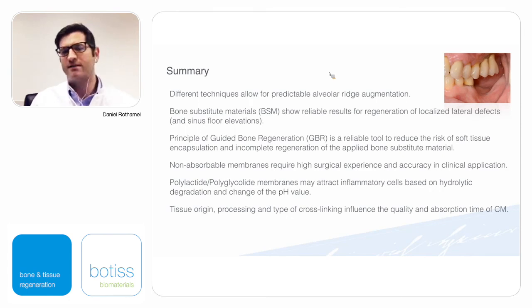This is based on different tissue origins, different processing techniques, and different types of cross-linking, whether it's enzymatic cross-linking, chemical cross-linking using different chemical agents, or even no cross-linking and maintaining longer barrier function by the use of pericardium as a donor tissue.